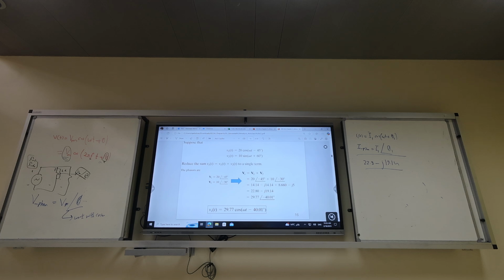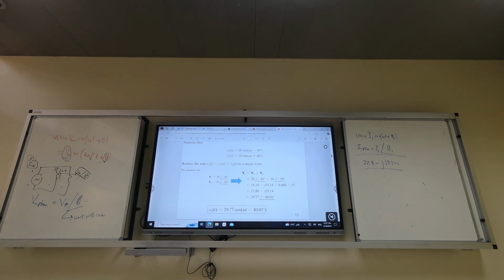First you need to press menu, and then you click number 2, complex number. Shift. Okay. 20 angle, shift, minus 45, plus 10 shift angle minus 30.